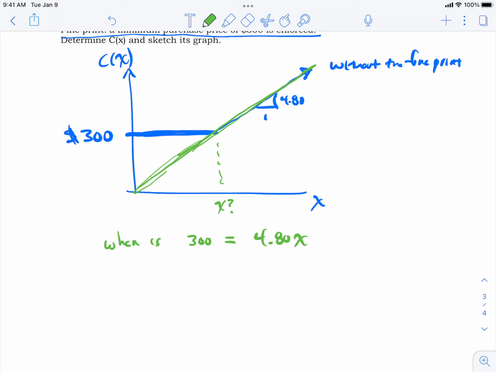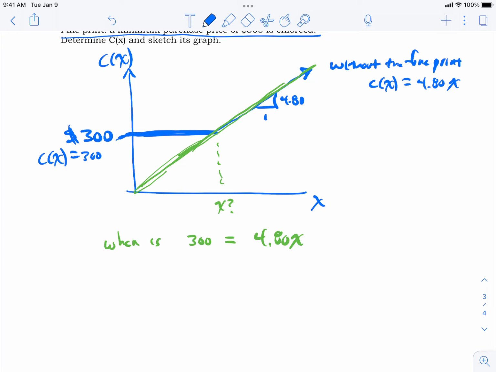I suppose I could have taken a little time to say that first. That before, without the fine print, the cost is simply $4.80 per gallon, right? But this says cost equals 300.